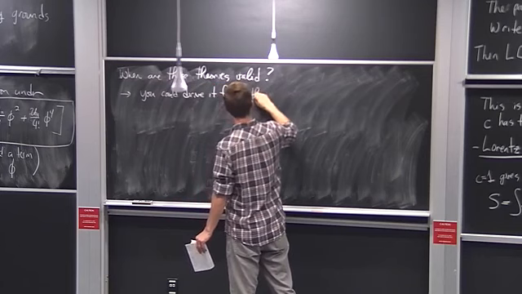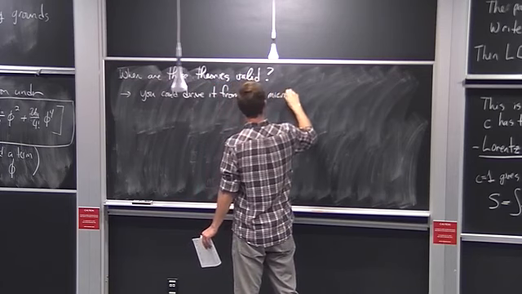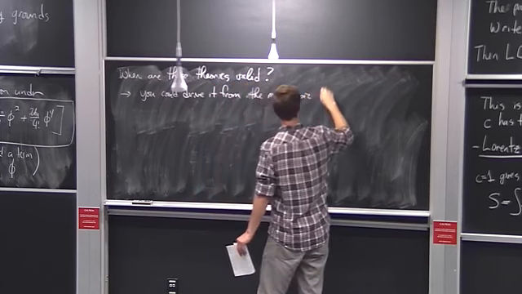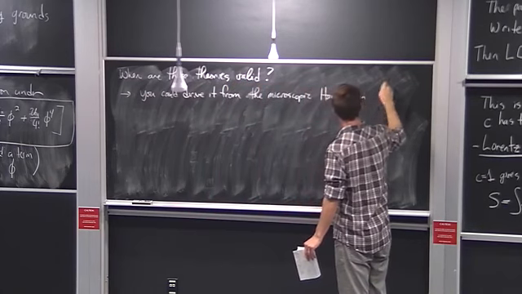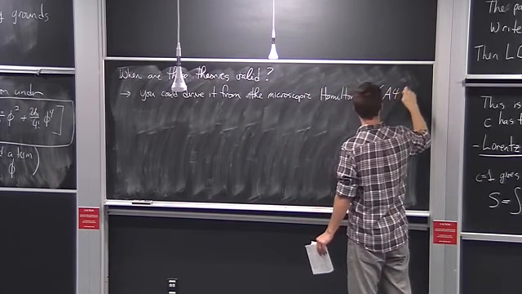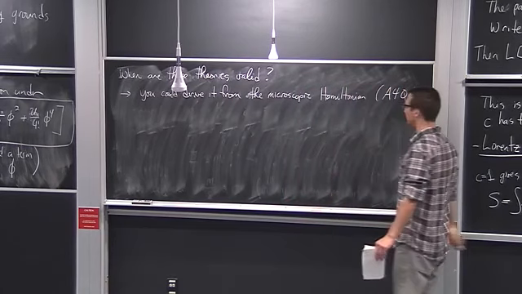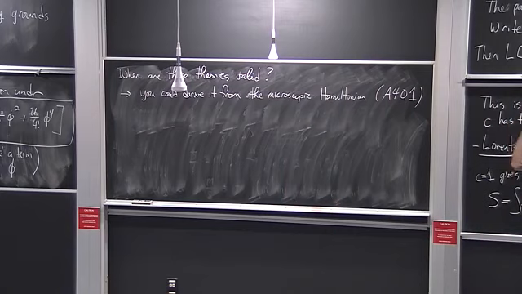You can derive it from the microscopic Hamiltonian. Assignment 4, I think you'll do that in question 1. But we need a few more tools before you start doing that.